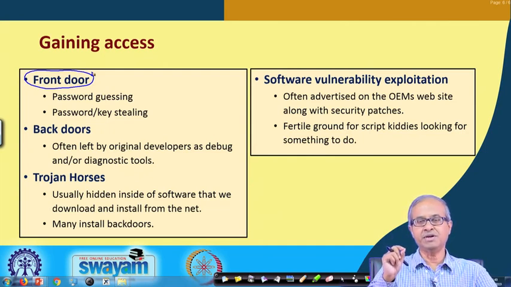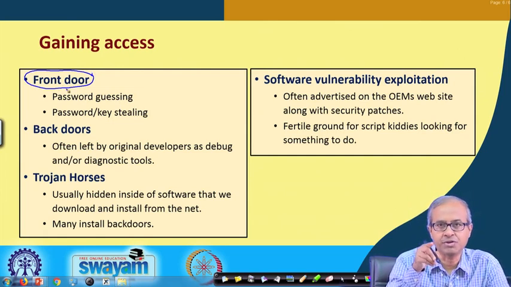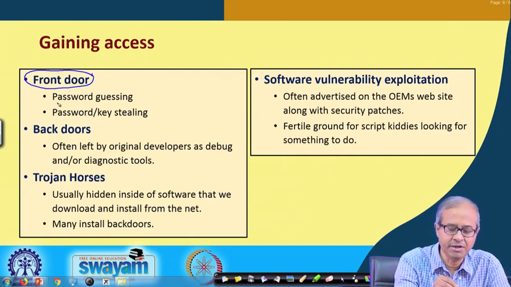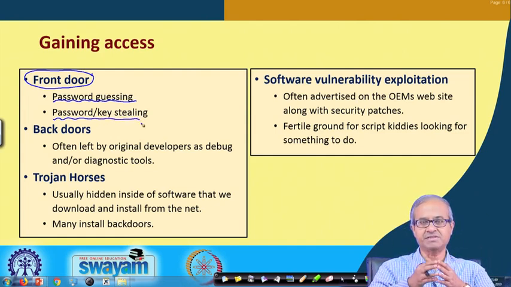So, passwords are the most common way of gaining entry or access to a system in the present day scenario. Okay. So, the first attempt through that front door channel will be to guess a valid password or try and steal some password. There are many methods that are used for this purpose.